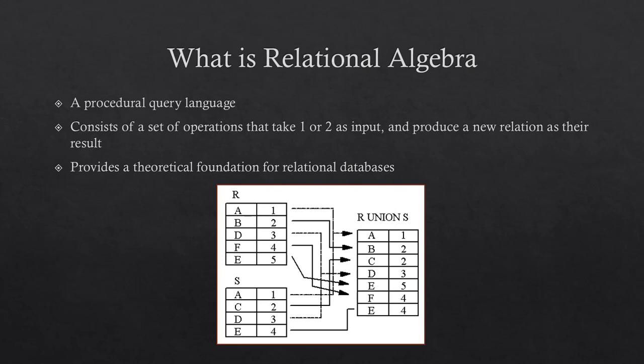Below, I have a sample of two relations, R and S. Now, as we said, when we take one or two as input, whether it be from R and S, this produces new relations when combining these two. So in this image, we have R union S, and then this is more of, I would say, a Cartesian product. But yes, this is a sample of what happens with relational algebra.